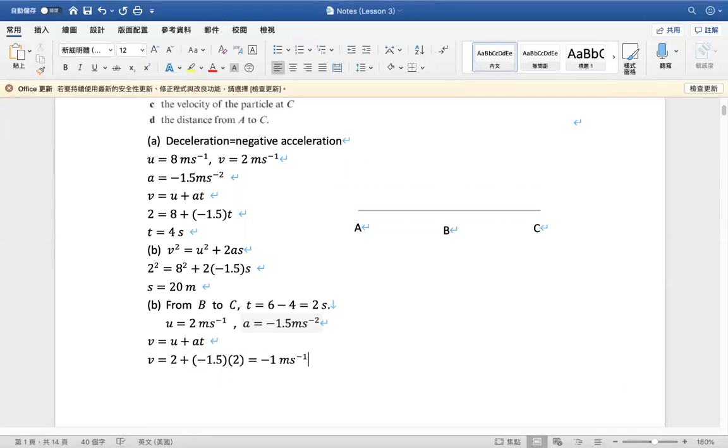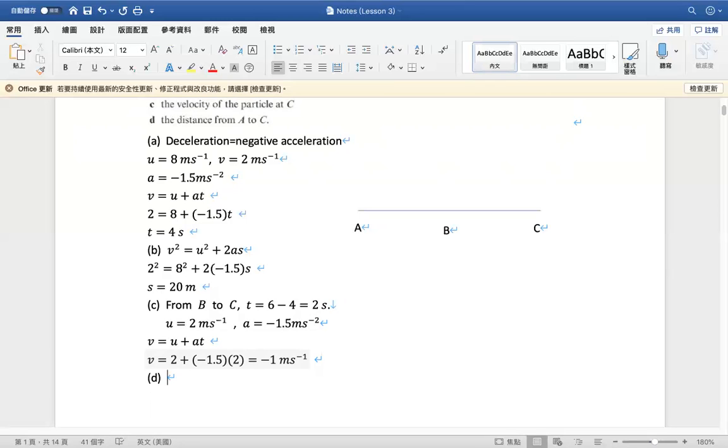Yeah. All right. And then D, we want the distance of A from C. Physically it makes no difference to find the distance from A to C or the displacement from A to C, unless they're asking about the distance traveled by the particle.